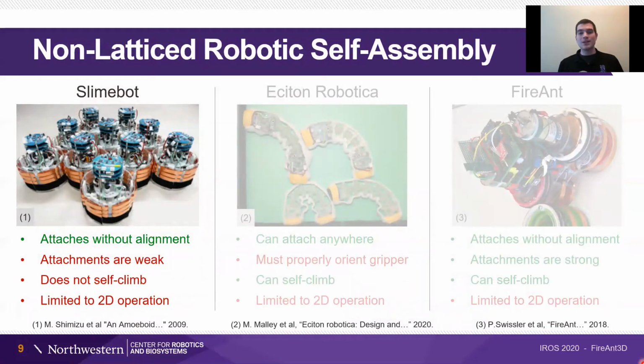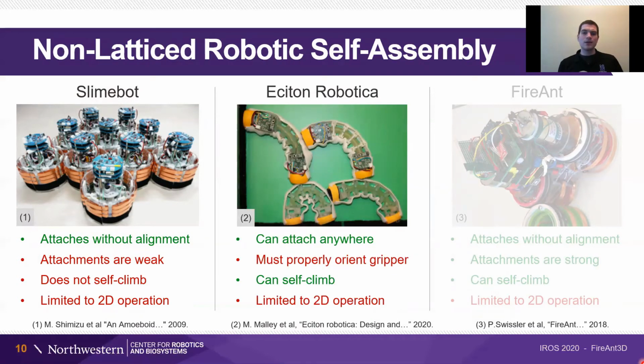There are certain robots that have been developed that can self-assemble without using lattice structures, and we'll go through some of them right here. There is Slimebot, which uses Velcro in order to attach whenever two units come into contact. Unfortunately, with Velcro, the attachments are rather weak. Further, Slimebot cannot self-climb.